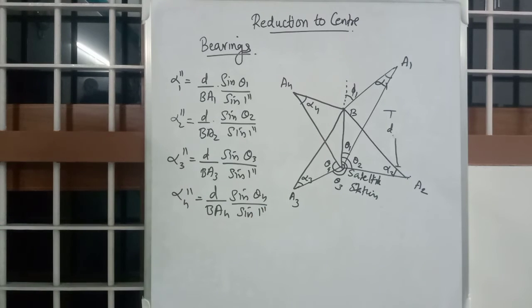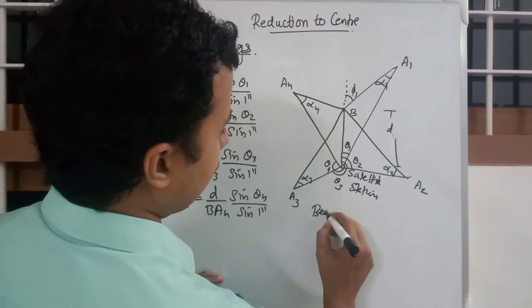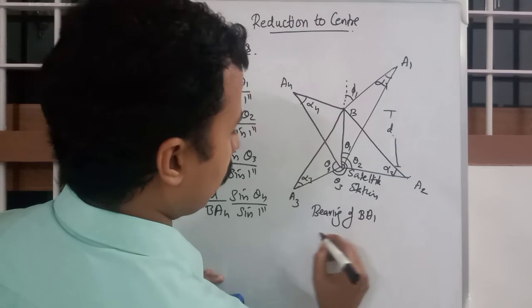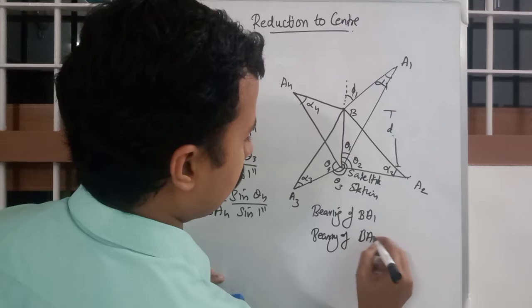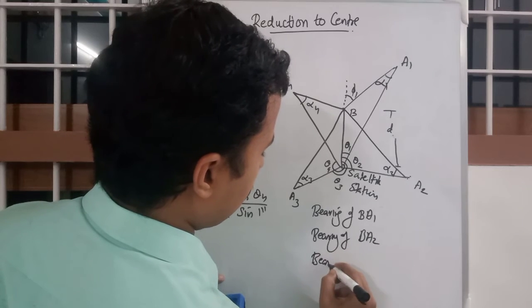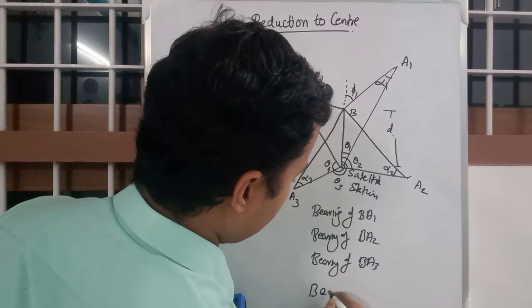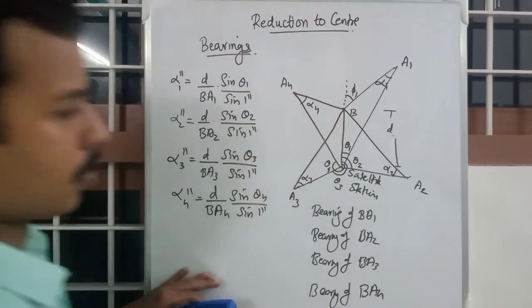Okay, and the answers we want are the bearing of BA1, bearing of BA2, bearing of BA3 and bearing of BA4.